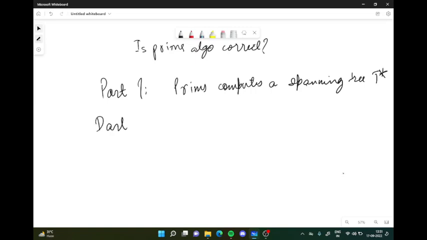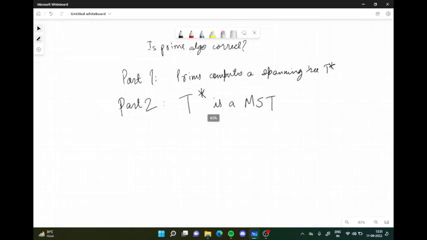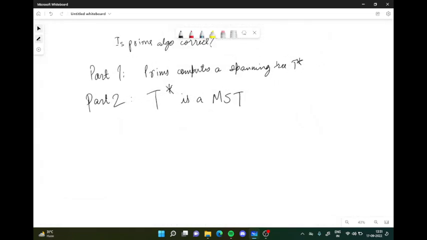Then part two of the proof will be that this particular T star is an MST, a minimum spanning tree. Later we'll also look at the running time of this algorithm, and we're going to prove that this is O of m log n, where n is the number of vertices and m is the number of edges.